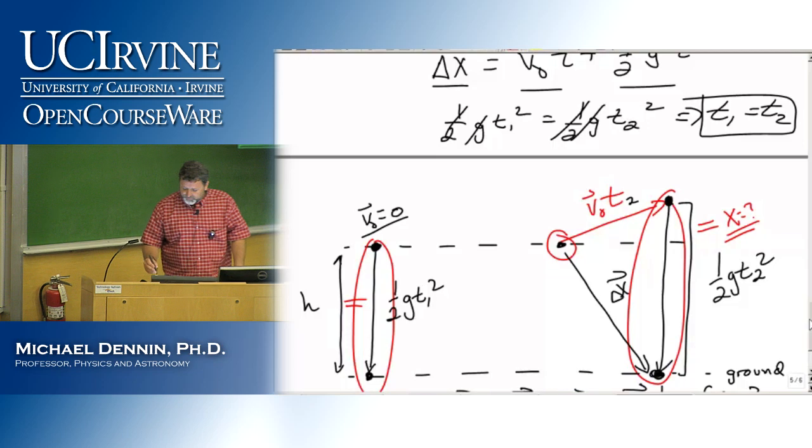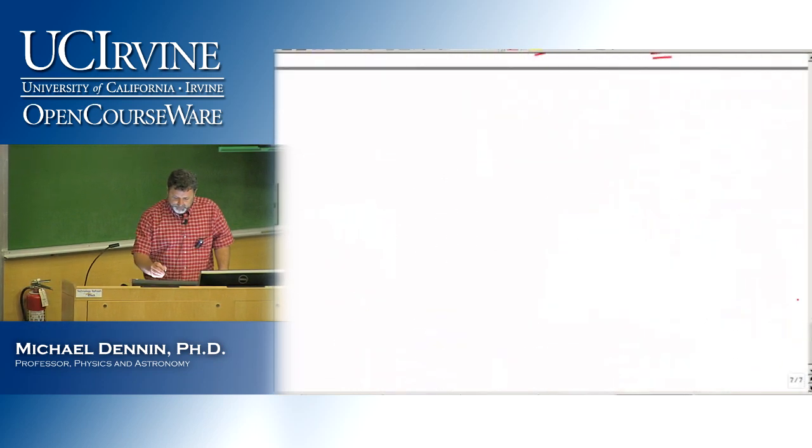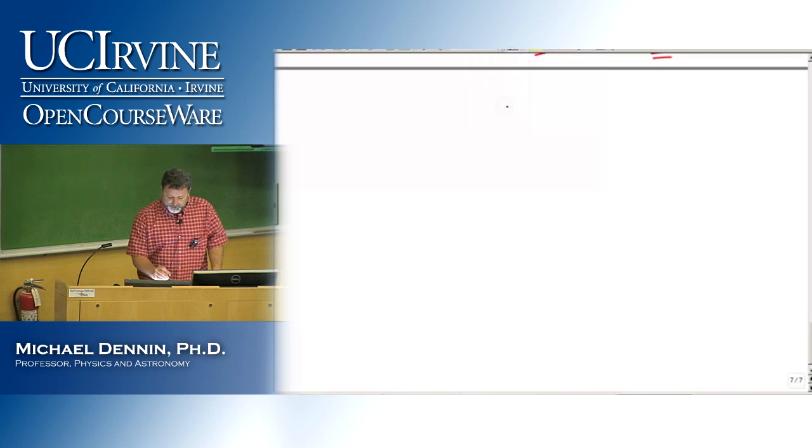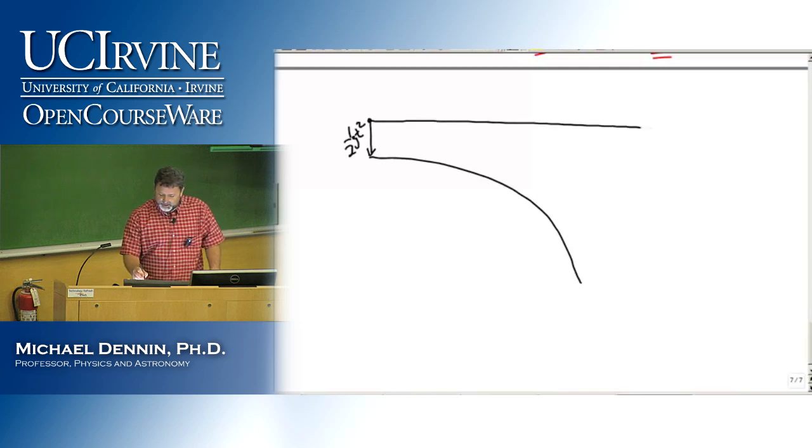As soon as it goes far enough that the ground curves, then I have to draw a different picture. Then I'm drawing 1/2 gt squared like that, and I'm drawing v naught t and 1/2 gt squared like that.